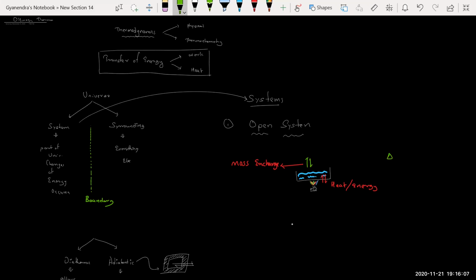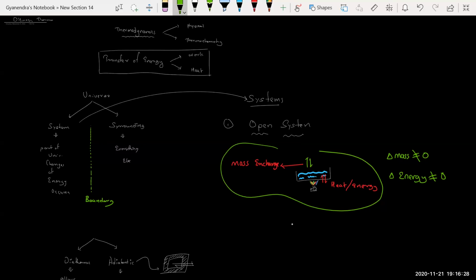So in this case, the change in mass, will it be zero or it won't be zero? Sir, it won't be zero. Very good. How about the change in energy, Dinesh? Will it be zero or not? Sir, entire system or the beaker alone?